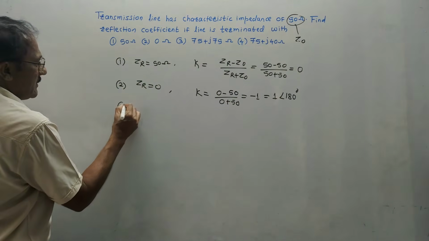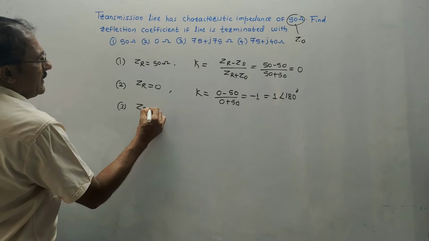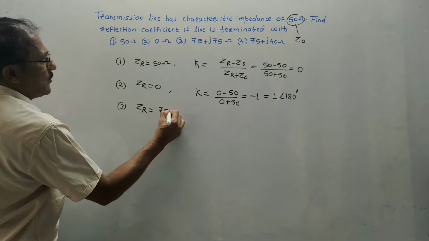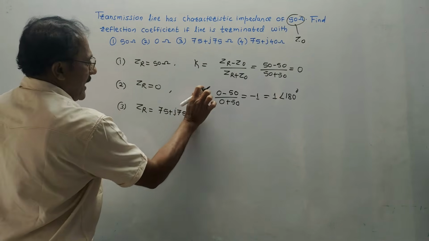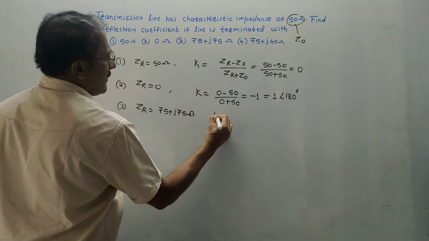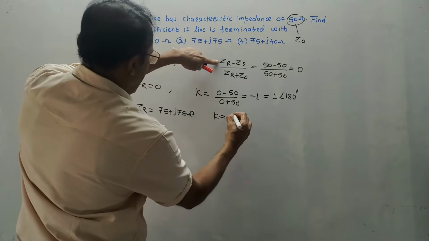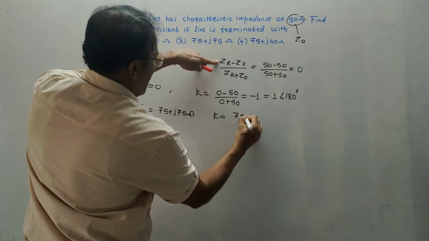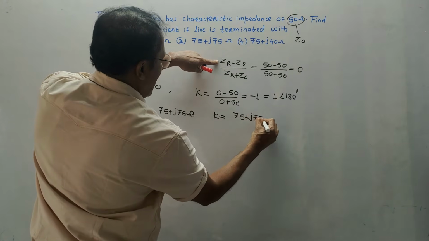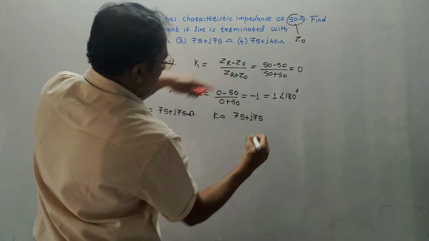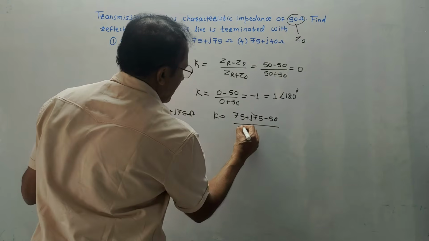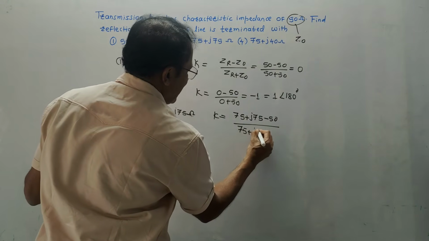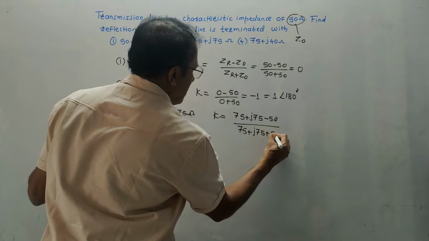Third condition, ZR is given as 75 plus J75 ohm. Again I am making use of the same formula. So put the value of ZR, 75 plus J75, minus 50, where 50 is the value of Z0, upon 75 plus J75 plus 50.